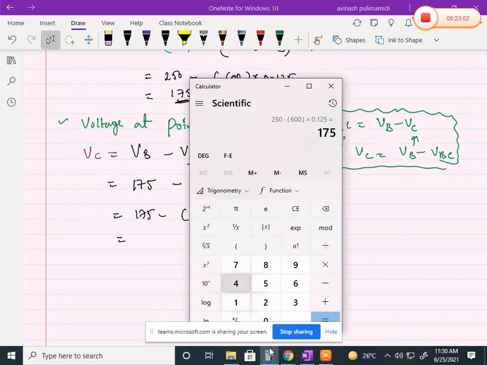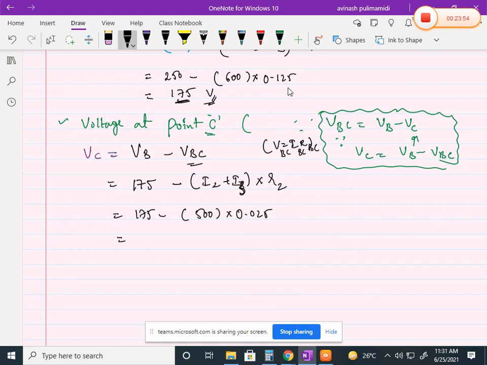Now you calculate this one. 175 minus 500 into 0.025 gives 162.5. Okay, please cross check here.